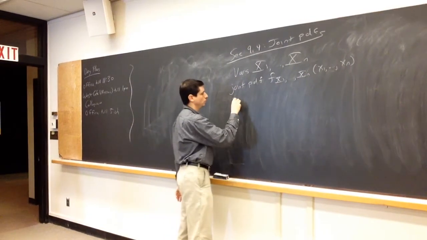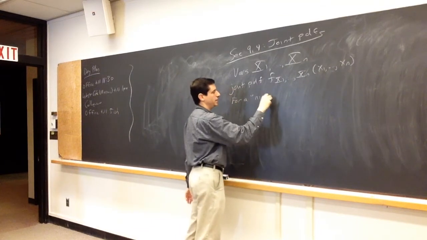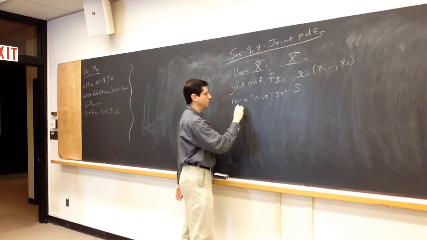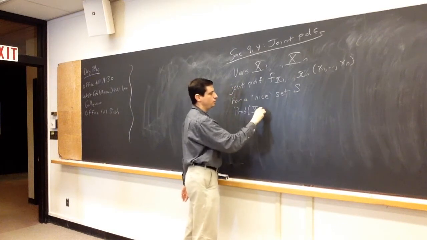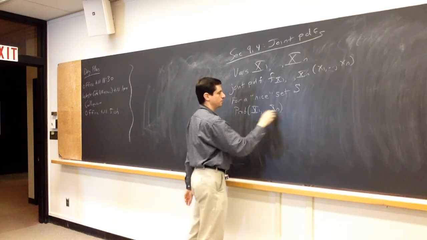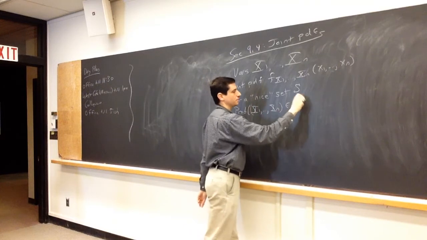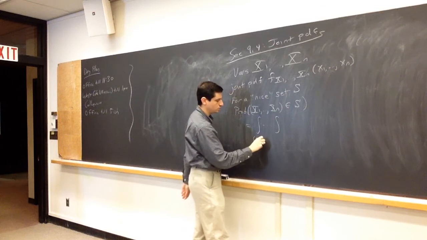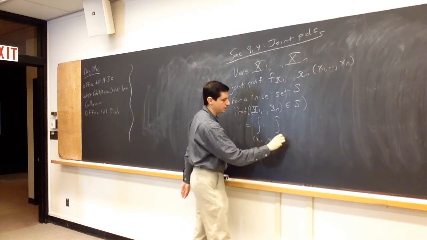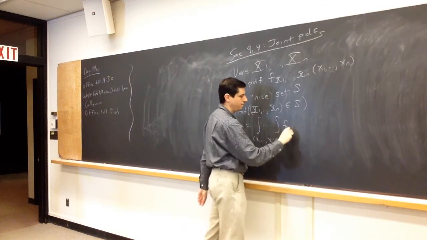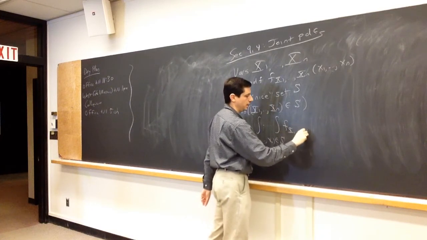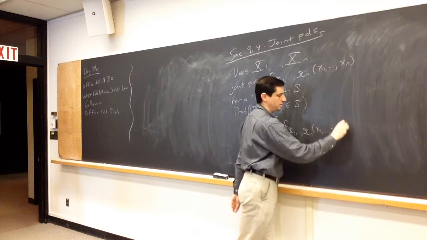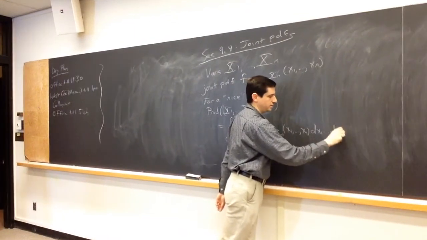For a nice set S, the probability that the tuple X1 through Xn is in the set S will just be the integral over all points x1 through xn in S of f of x1 through xn, dx1 through dxn.